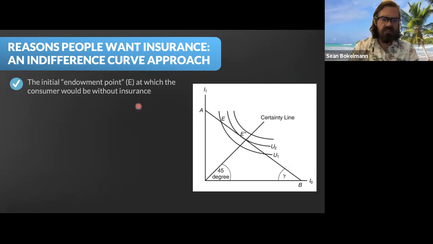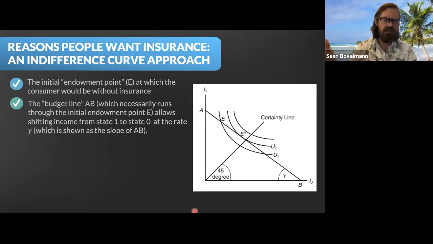Okay, so if the consumer initially has an endowment E, they can actually achieve a higher level of utility by shifting their income from one state to another. So they can achieve a higher utility, U2, by shifting some of their income from the good state towards the bad state, right? That's basically what would happen, and they're doing this through the insurance, right?